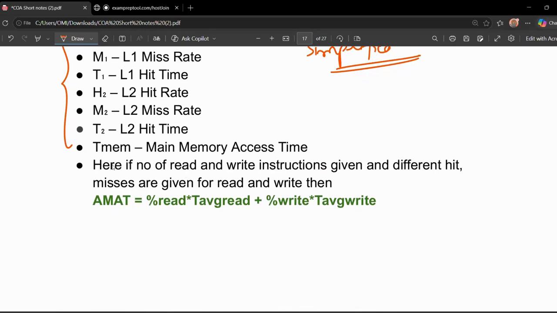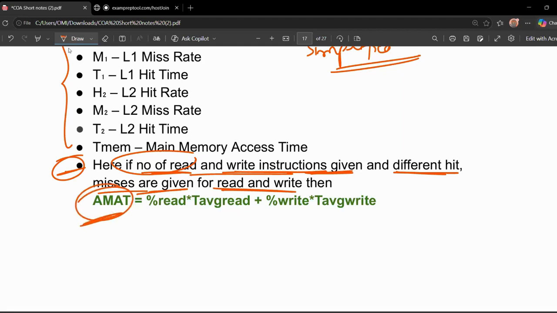Now the next point is here. If the number of read and write instructions are given and different hits and misses are given for read and write, like some misses for read and some misses for write, how can you calculate the average memory access time?